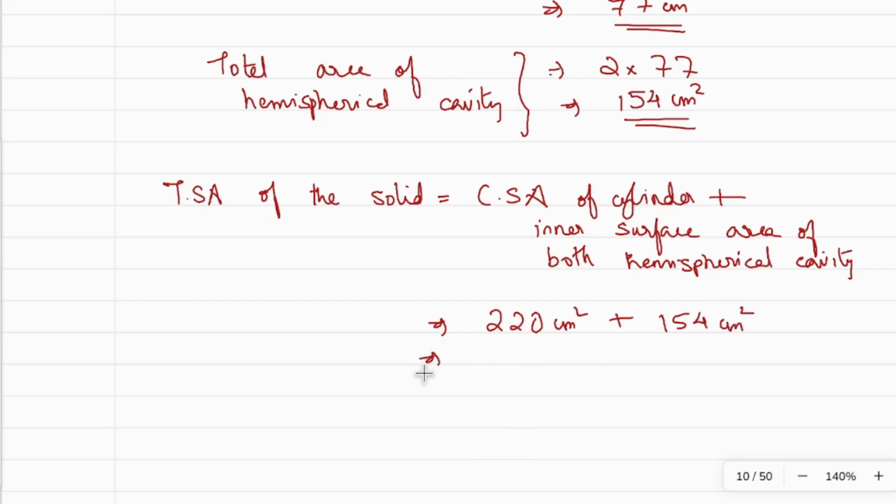So in total we get 374 centimeter square. This is the total surface area of the article. Okay.